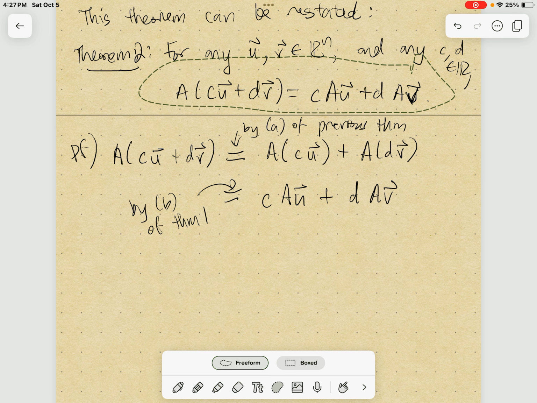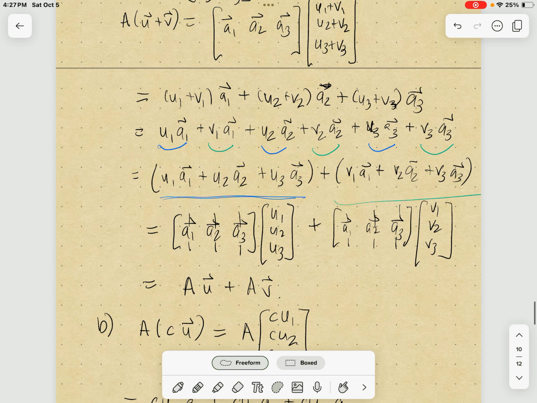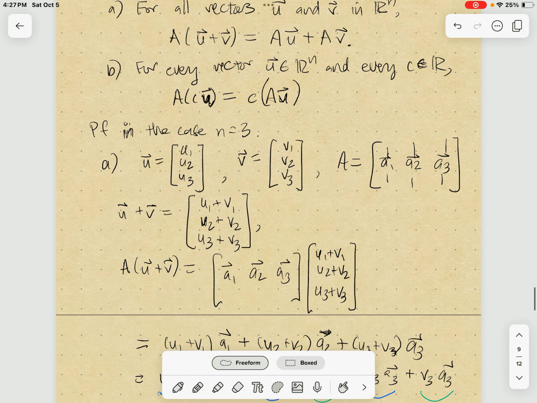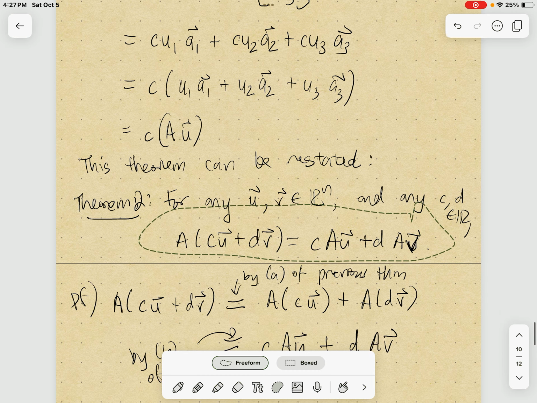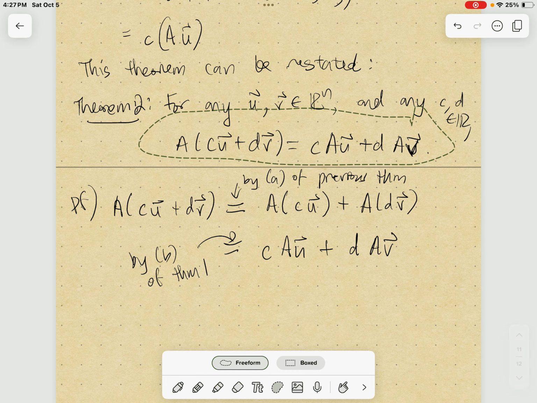By the way, let's say that you didn't know that theorem 1 was true, but you knew that theorem 2 was true. Well, if you knew that theorem 2 was true, you can deduce that theorem 1 must be true.